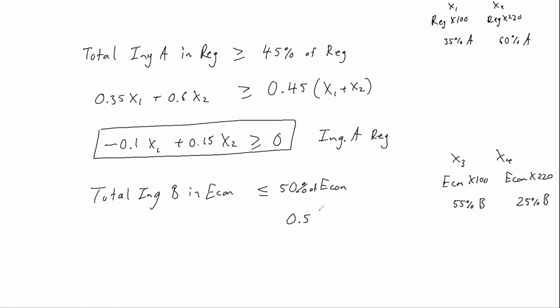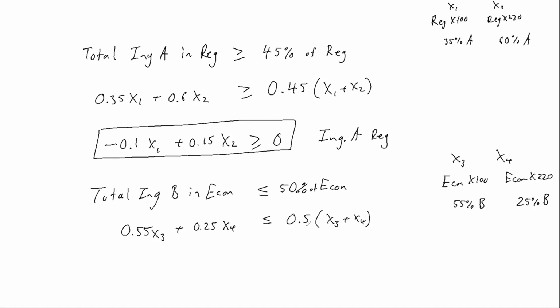This is 0.5 times the total economy, which is X3 plus X4. And over here we have the amount of ingredient B in economy gasoline: 55% of each barrel of X100 that goes into the economy gasoline is ingredient B, and 25% of each barrel of the more expensive oil that goes into the economy is ingredient B. So 55% of X3 plus 25% of X4.